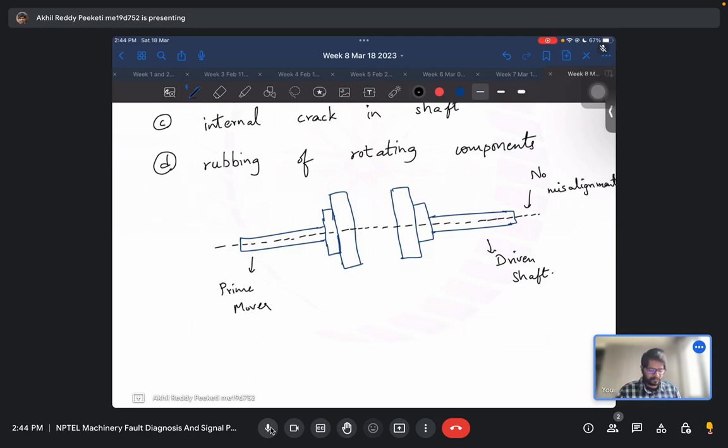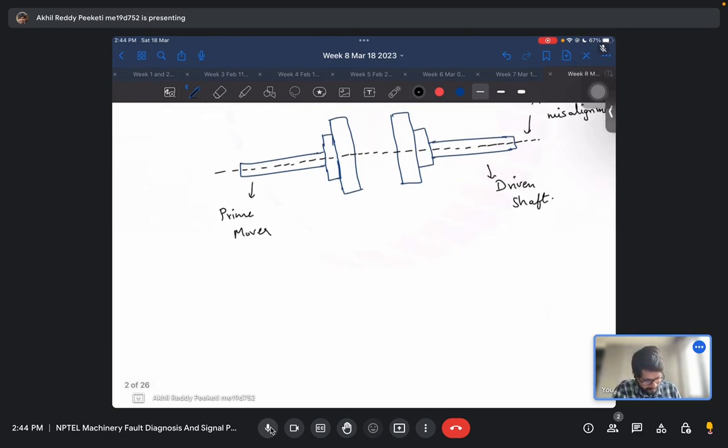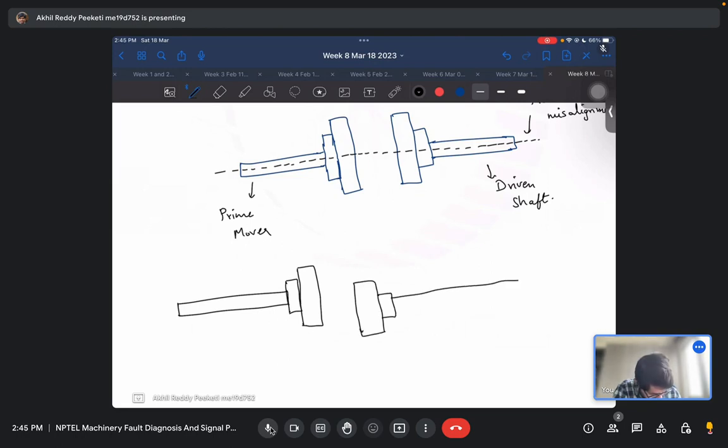Now let's say the driven shaft is slightly offset, like this, and the driven shaft is slightly below the prime mover shaft.